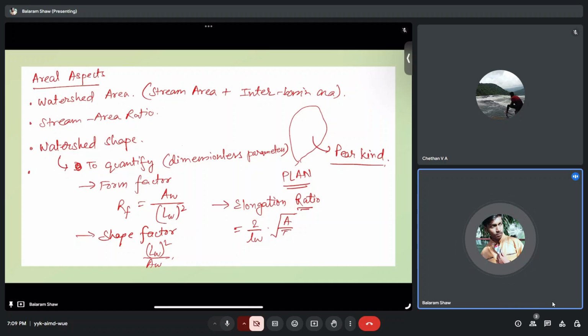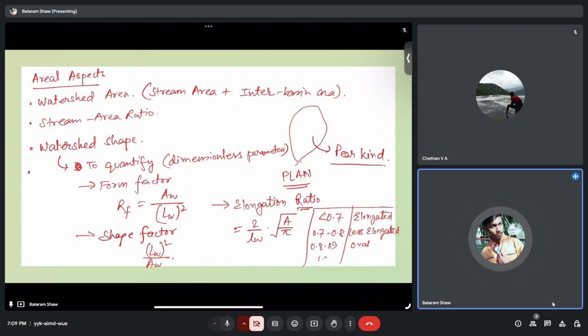So what do you think? Let's say if the elongation ratio is less than 0.7, we classify that as elongated. Now, if it varies from 0.7 to 0.8, we call this less elongated. If it increases again to 0.8 to 0.9, in that case it becomes oval.